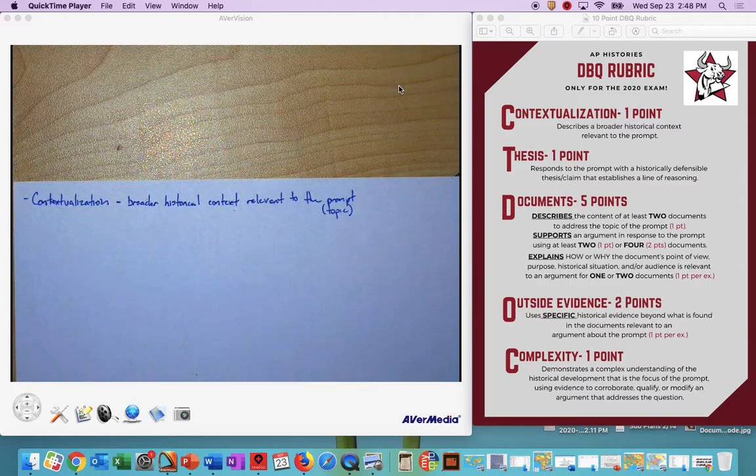So it wants the context relevant to the prompt or relevant to the topic.